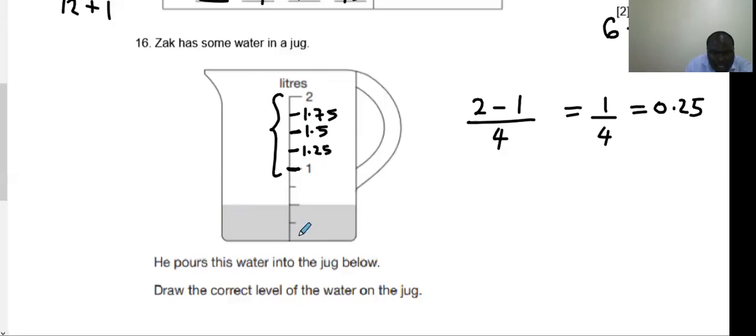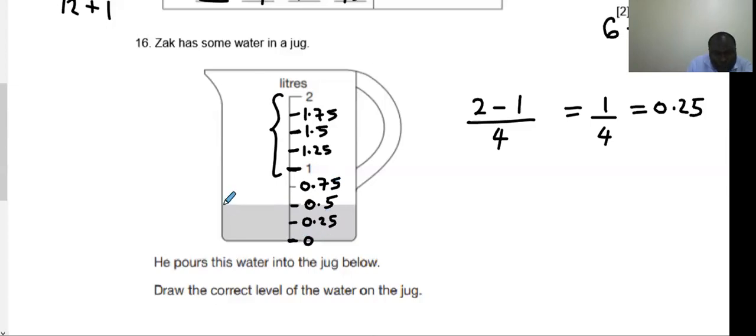This is 1, so this will be 0.75, and this will be 0.5, and this will be 0.25, and this will be 0.